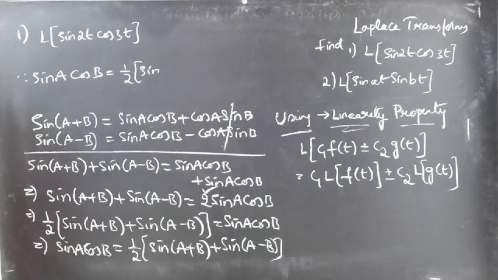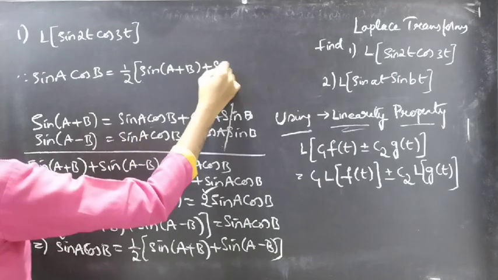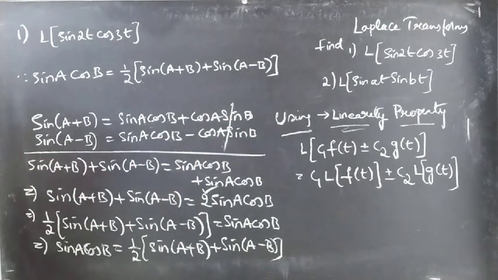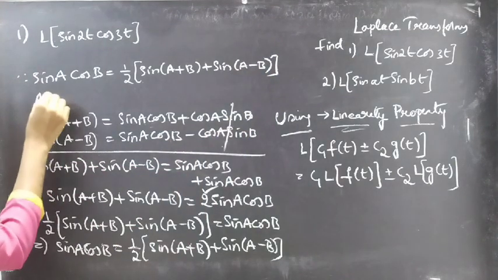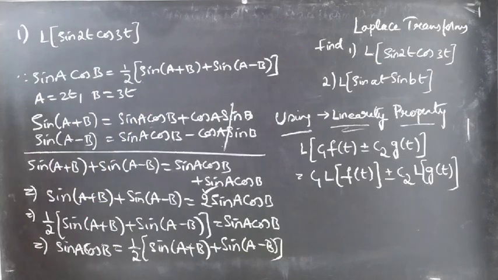Now for A equal to 2t and B equal to 3t, we'll get sin 2t into cos 3t.